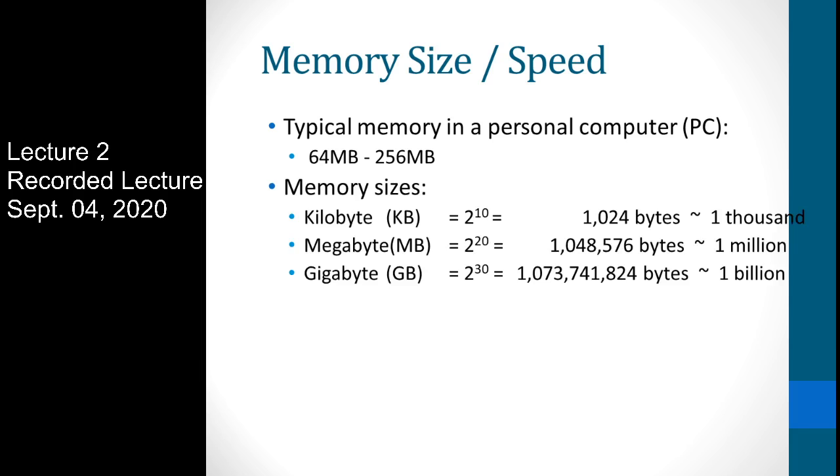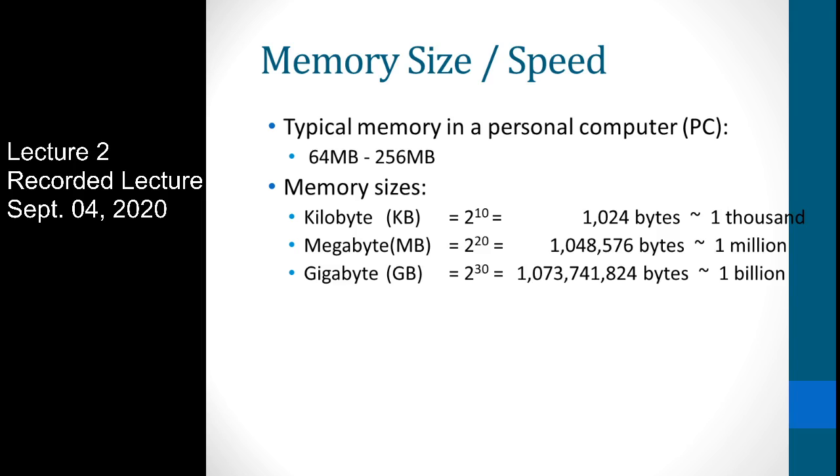Okay? So, paano ba natin dinedetermine ang memory sizes? So, yan, kilobyte, KB. Okay, hindi eksakto na 1,000 ang isang KB. That is 1,024 bytes. So, ang tawag natin nun is 1 kilobyte. Okay? Ang 1 megabyte naman is 1,048,576 bytes.